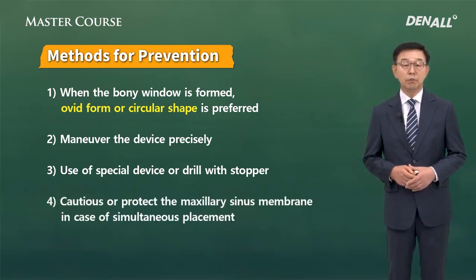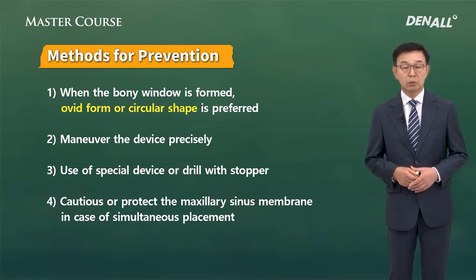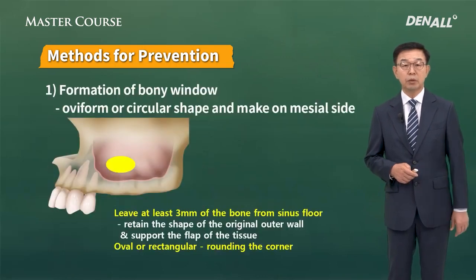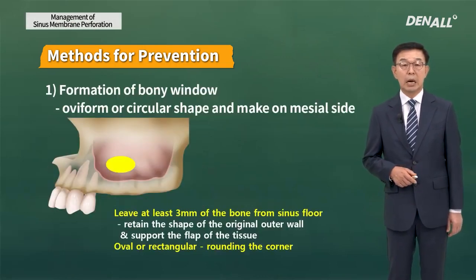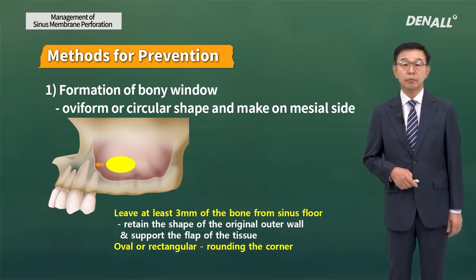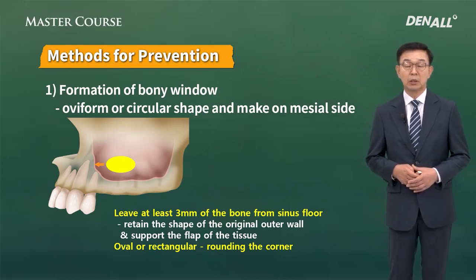Next, if you're going to place the implant at the same time, you need to pay a lot of attention in drilling so that sinus membrane is not perforated. When you do lateral window approach, the window should be formed more mesially. This is to prevent membrane perforation on the mesial side.